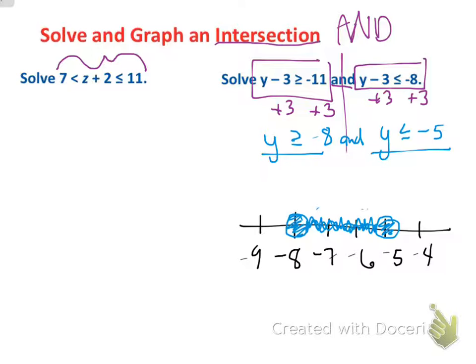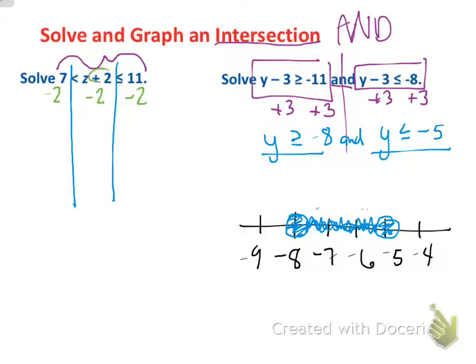All right, let's try one that's got it all squeezed together like this. In this case, you're going to solve it all at once. Draw two lines, one by each inequality, and then whatever you do to the inside, you're going to do to all sides.